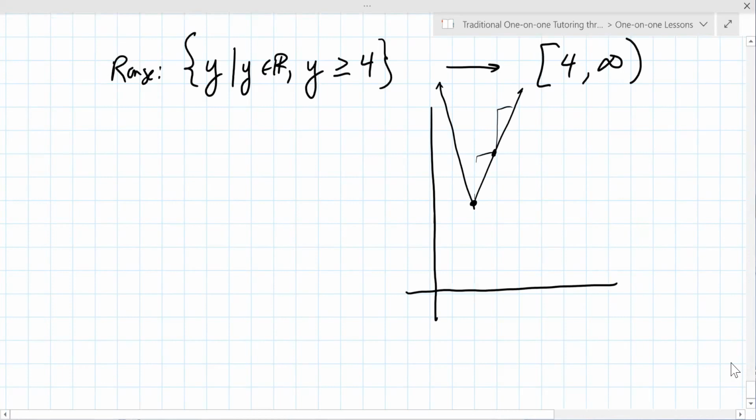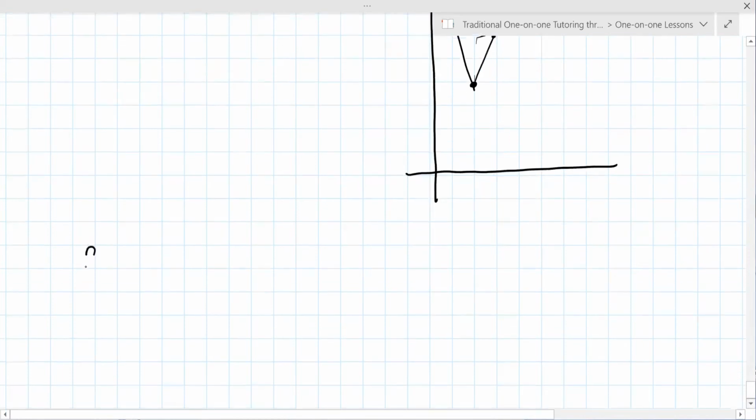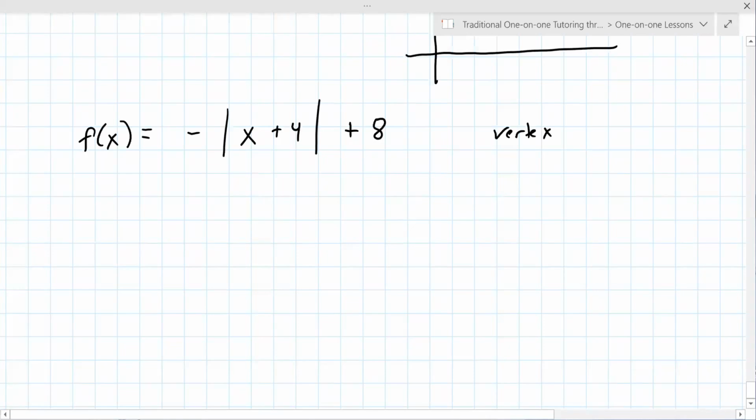Okay. Let's try another one here. Let's go f of x equals negative absolute value of x plus 4, plus 8. What is the vertex of this one? -4 and 8. Does this open up or down?